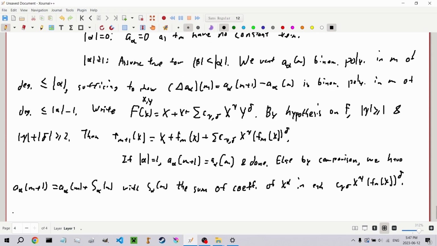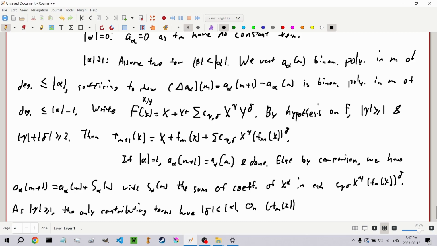As the size of gamma is at least 1, the only contributing terms to this S have the size of delta less than the size of alpha, on our f^m of x to the delta.